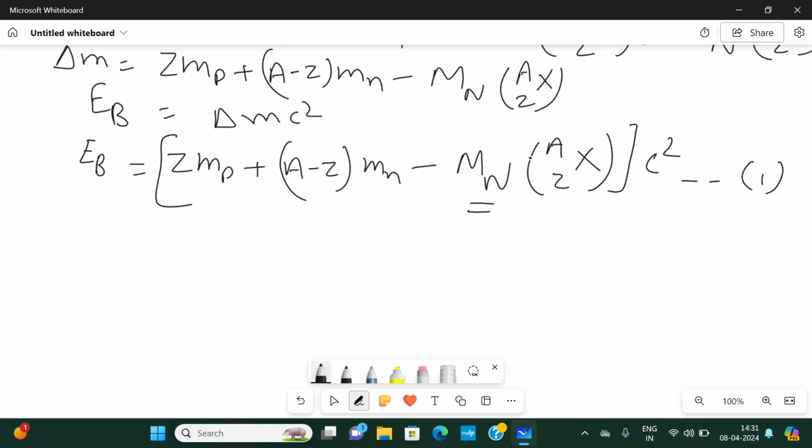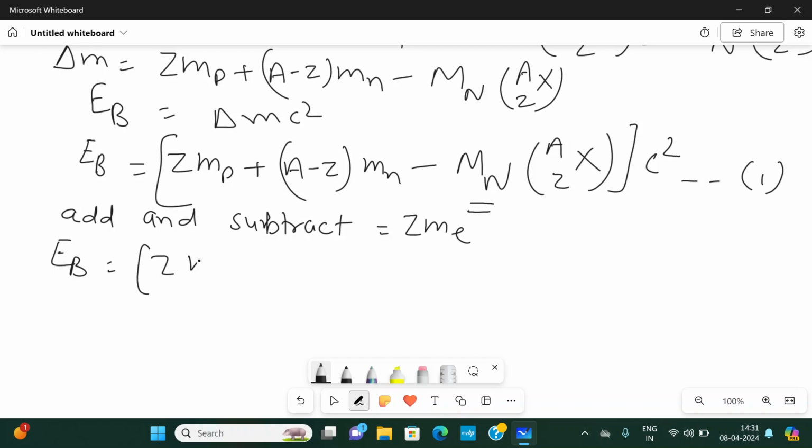Here we are not considering the mass of Z electrons. If we add and subtract the mass of Z electrons also, we can find the binding energy expression in terms of atomic mass. Let us do it. Add and subtract the mass of Z electrons, which is Z me. E_B is equal to Z mp plus Z me plus A minus Z mn.